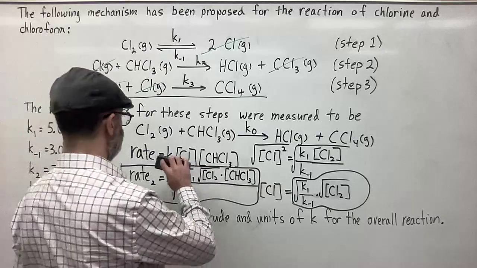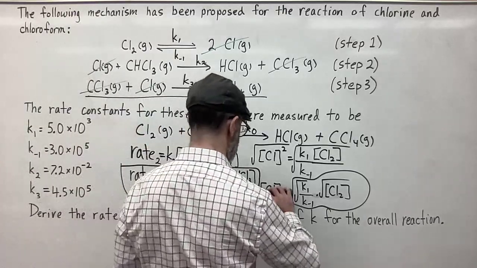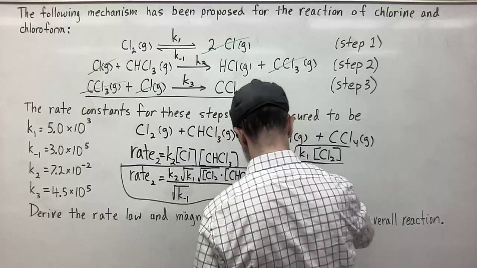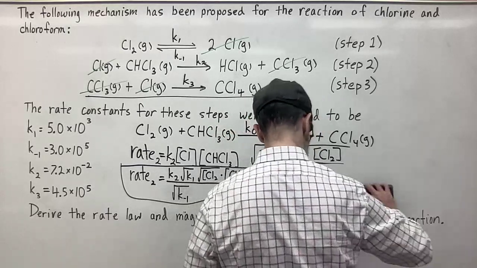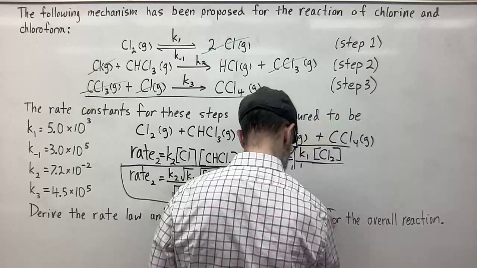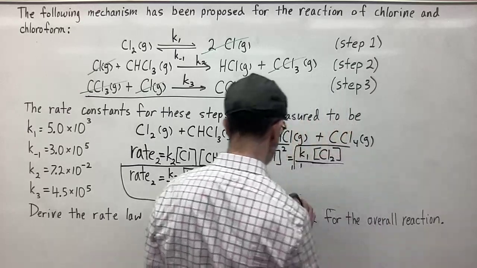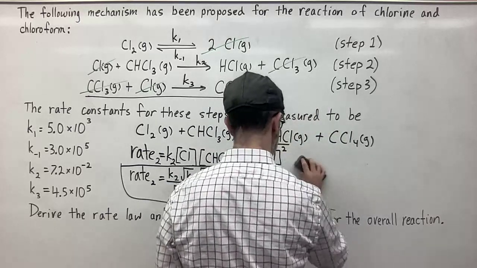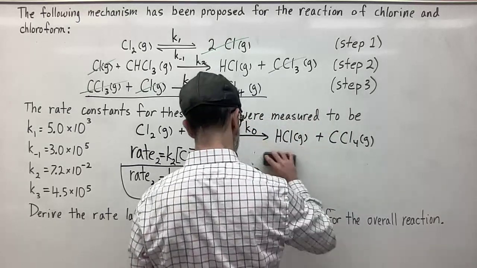Okay, so now we got that. So I'm going to go ahead and erase the rest of this since we don't need it anymore to give us some more space. I'm going to leave the overall reaction.